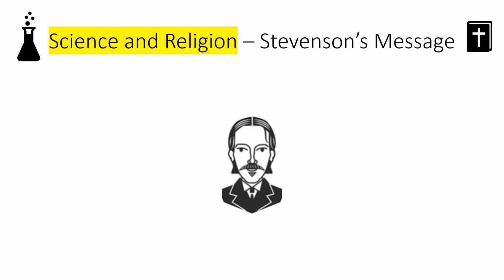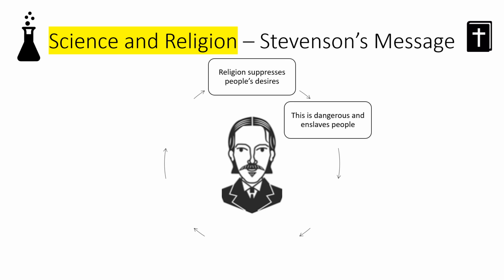You may have different ideas, but looking back through the novella, my ideas are as follows. Religion suppresses people's desires. This is the main thing that Stevenson seems to be criticising in this novel. This is dangerous. This is what Stevenson seems to be saying.